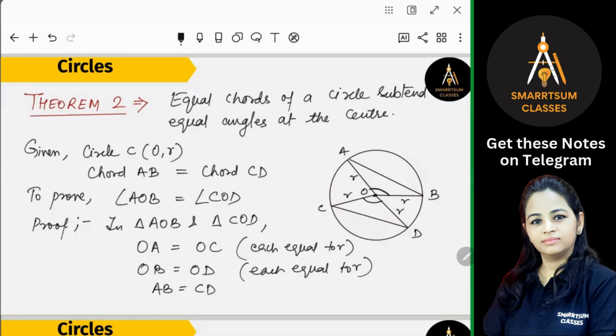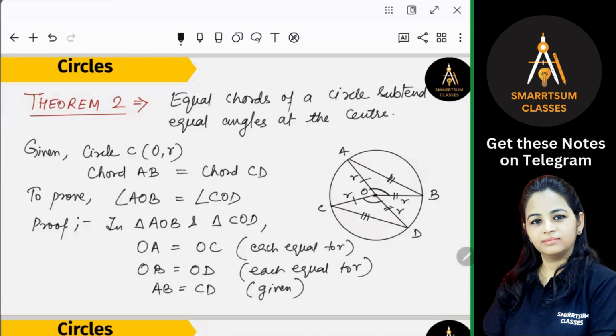AB and CD are chords, and this is already given, that the chords AB and CD are equal in length. So these two sides of the triangles are equal. This is also equal and this is also equal. It is already given here.